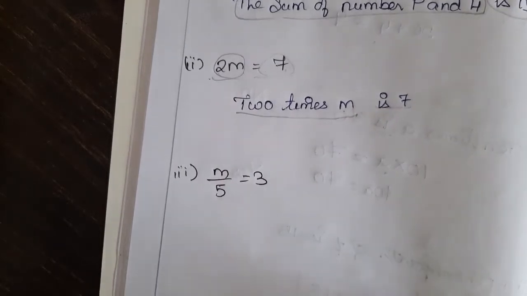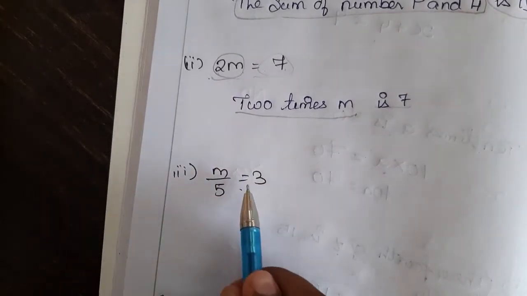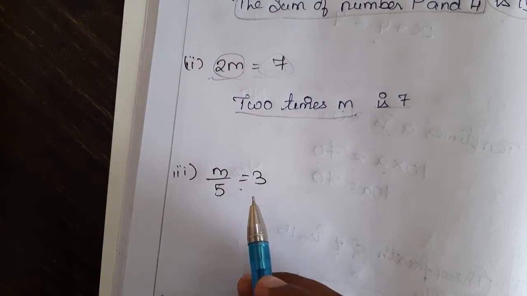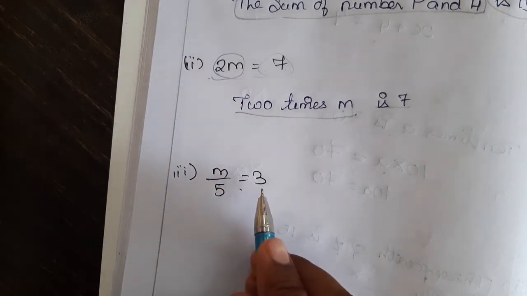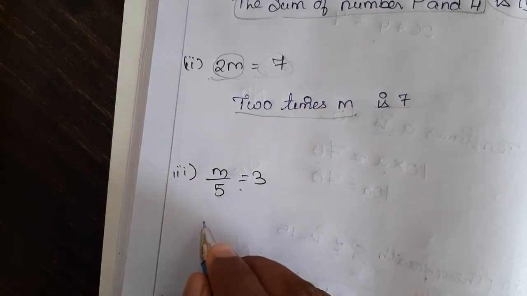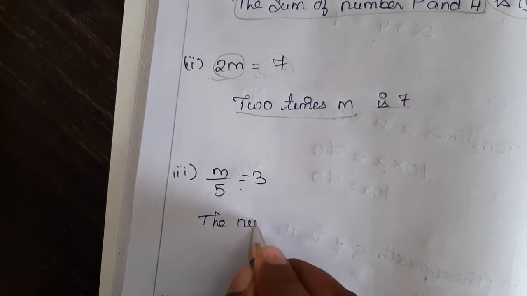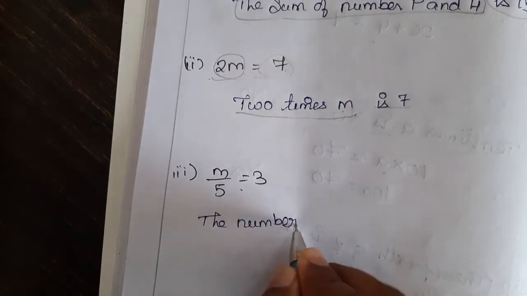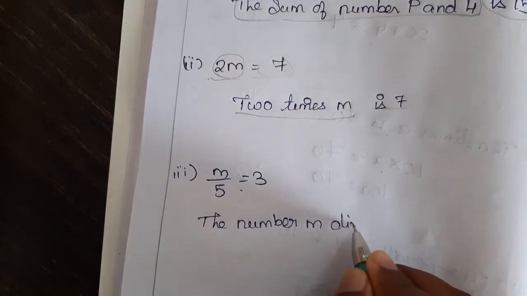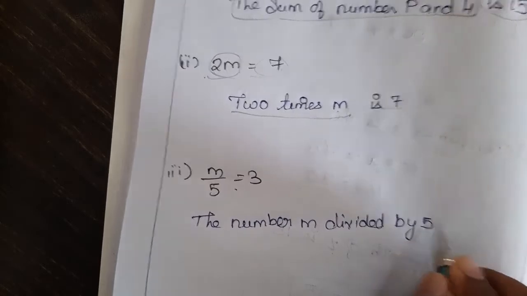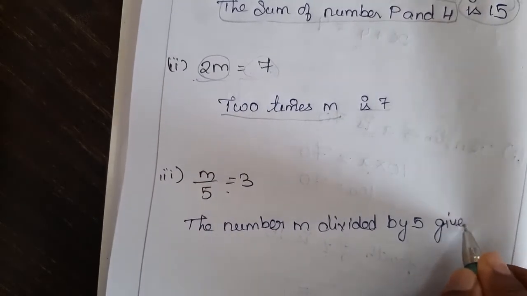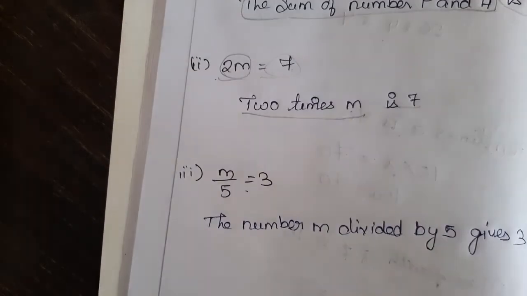And next is m divided by 5 is equal to 3. How can we write it? The number m divided by 5 gives us 3, right?